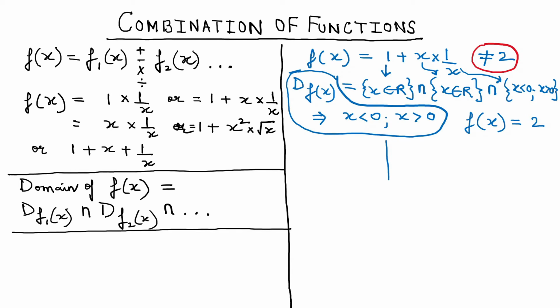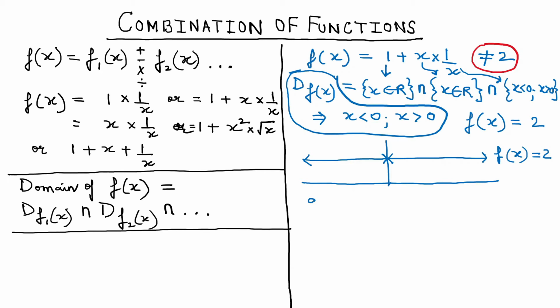The next question which arises here is, can I draw this? Of course I can. And while I am drawing this, I know that this is a constant function which is not defined for x equal to 0, and this is the graph of the function.